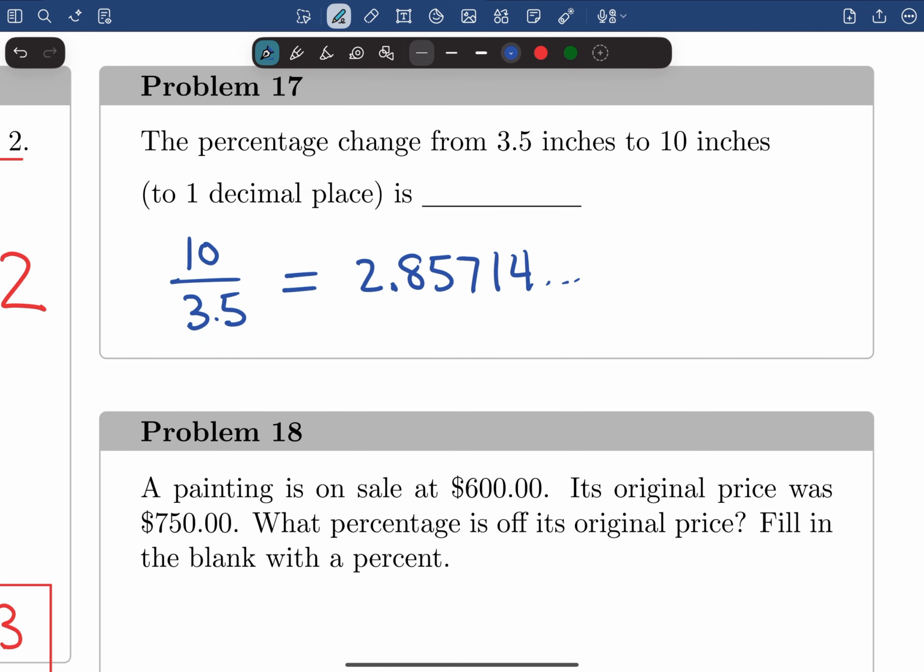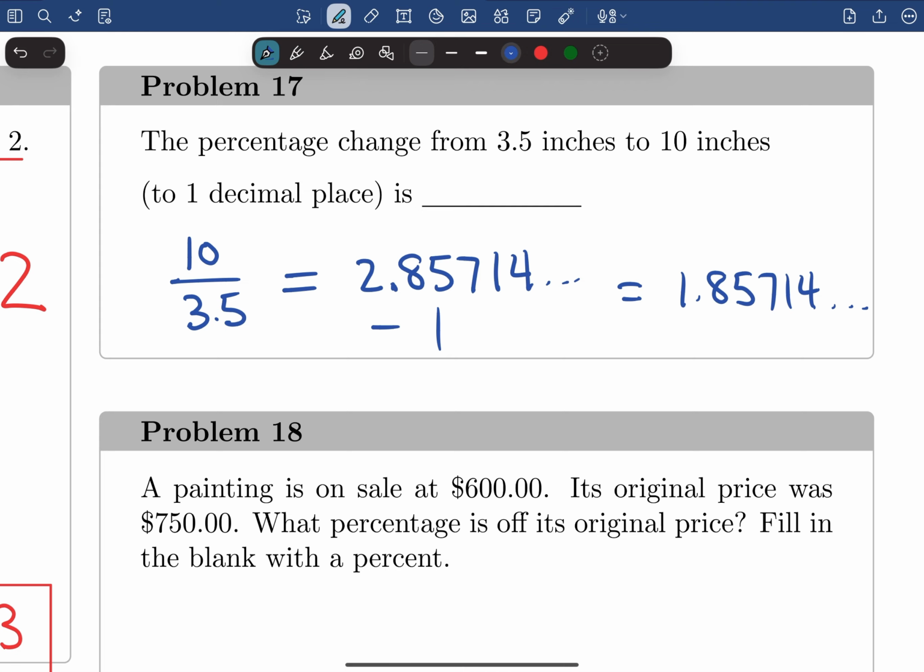Now, there's one thing to do at this point, and that's to subtract off 100%. Subtracting off 100% is subtracting off 1. So I'm going to subtract 1 from the result that I got, and I end up with 1.85714, dot, dot, dot.